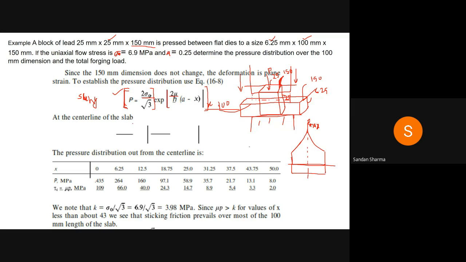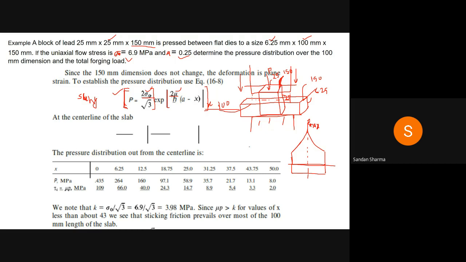So at the center line of the slab, you will have P equal to, here this equation has not been mentioned, but the same thing they are considering, the value of sigma naught, and mu is given. H you are changing from, let's say, 25 to 6.25.